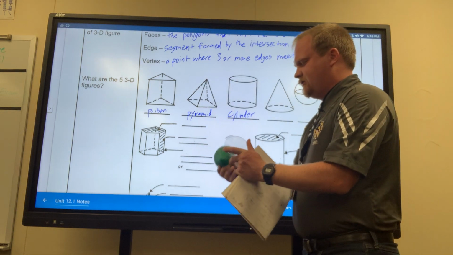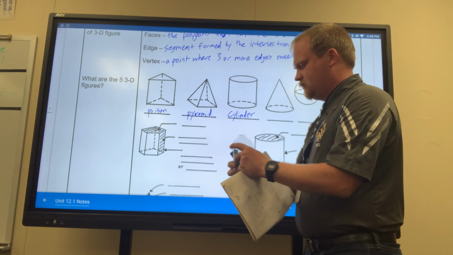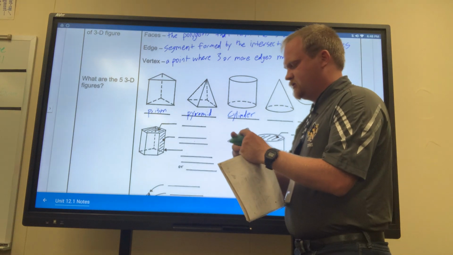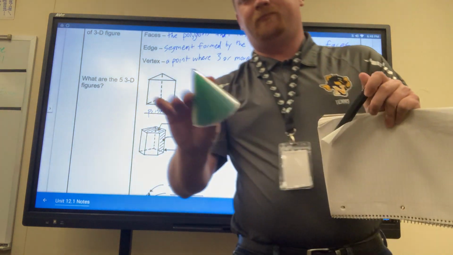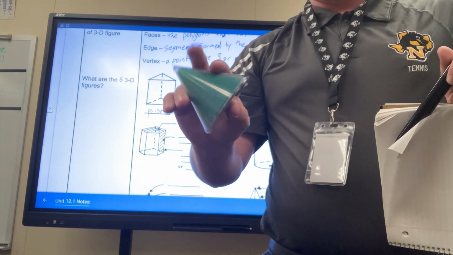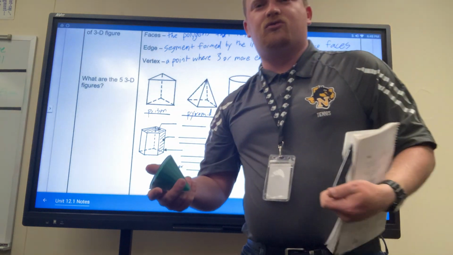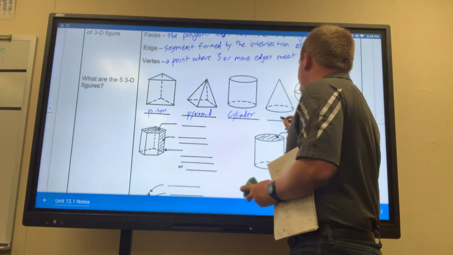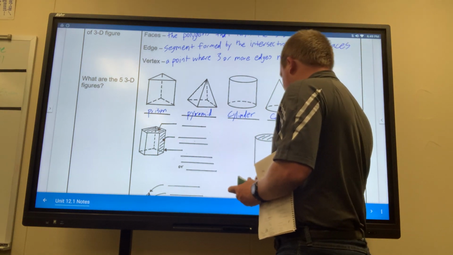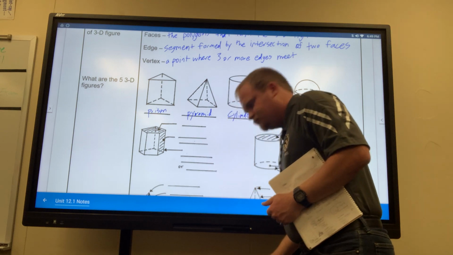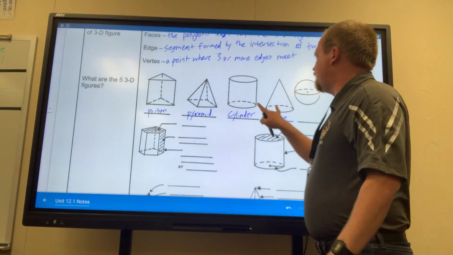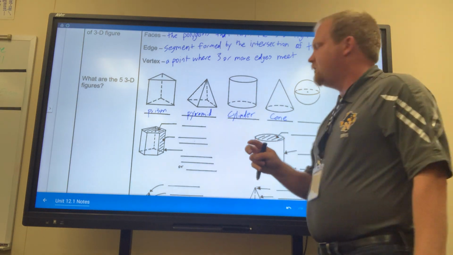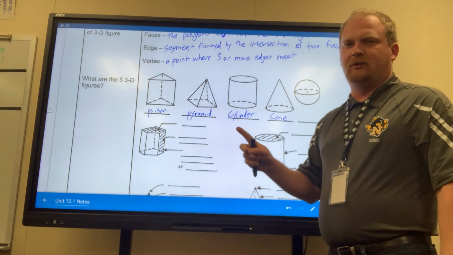Now this right here is called a cone, just like an ice cream cone. It has one circular base, and that one circular base makes it a cone. So the difference between a cylinder and a cone is that a cylinder has two circular bases. A cone has one circular base.